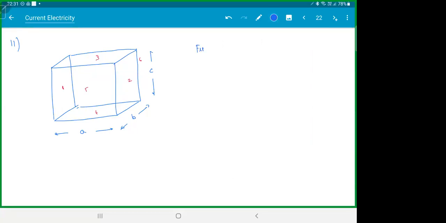Find, so if you connect the battery, resistance between 1 and 2 means if you put the terminals between 1 and 2, between 3 and 4, and between 5 and 6. Get the ratio. And the diagram would look like this. 1 and 2 meaning you're connecting between these two phases.